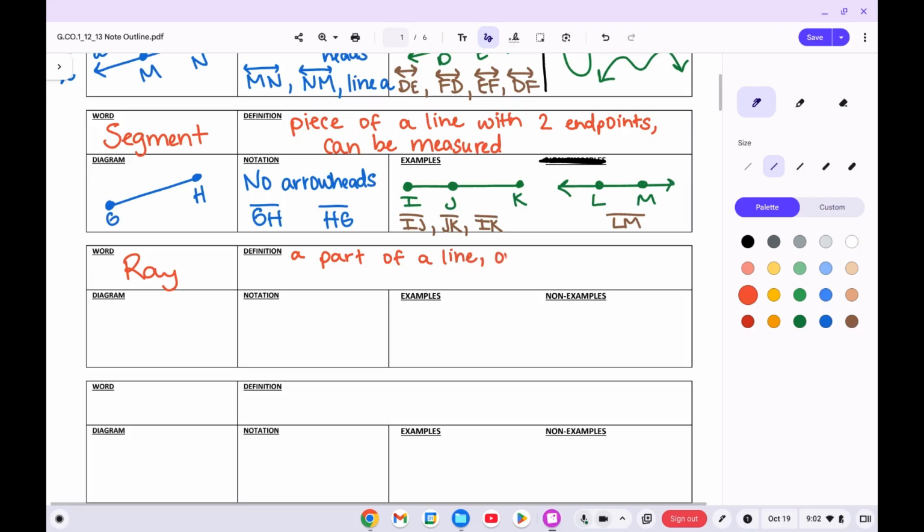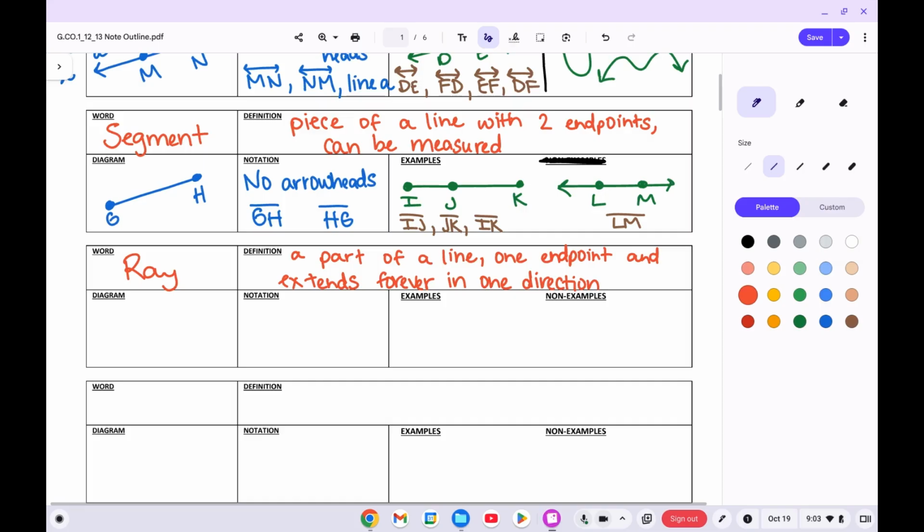It has one endpoint, and it extends forever in one direction. It's a little bit like a line and a segment kind of mixed together, okay? Because we have an endpoint, but we also have it going forever in one direction, which is very similar to a line.